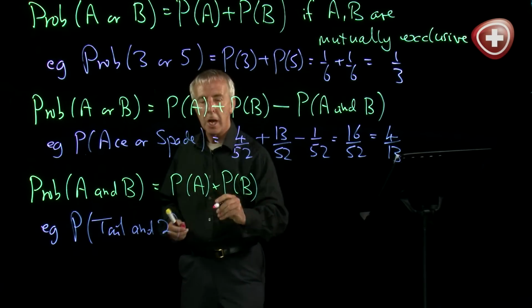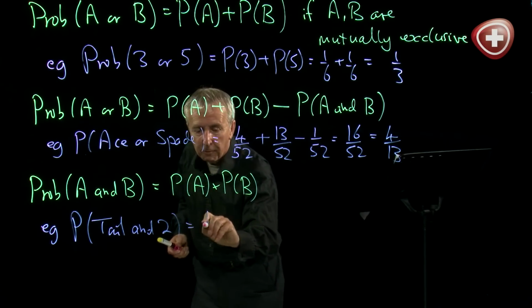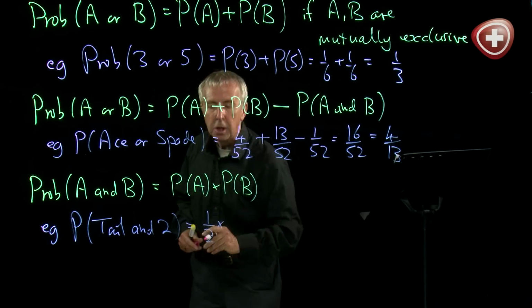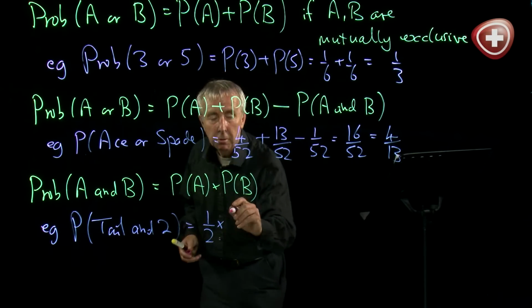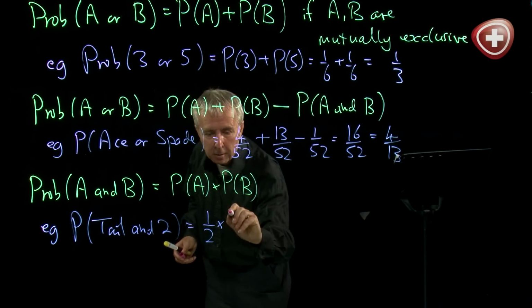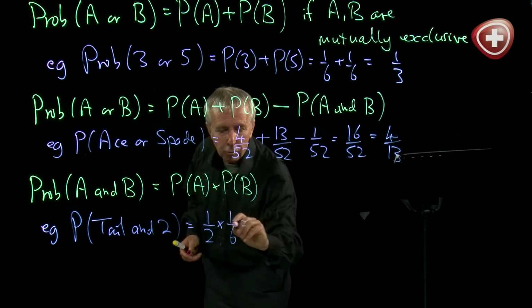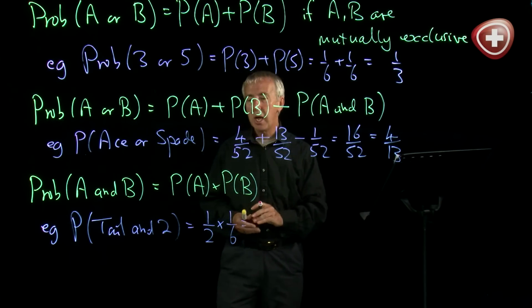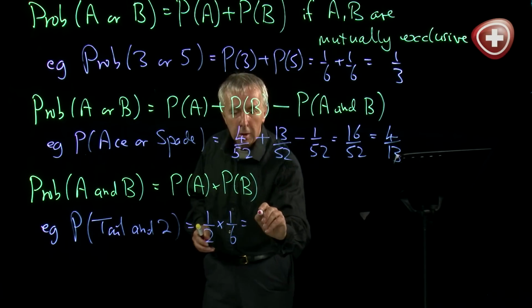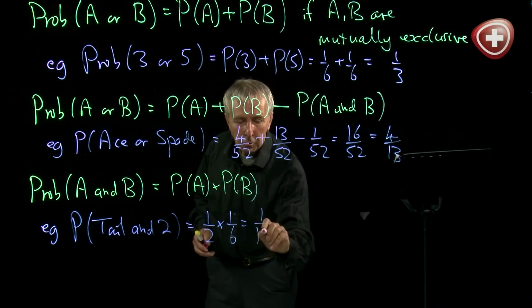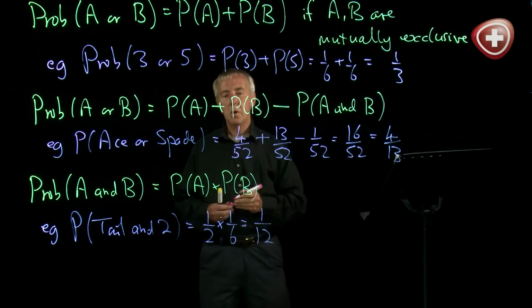Well, the chance of a tail is a half, and the chance of getting a 2 when I roll a dice is 1 out of 6, just like these probabilities up here. And so the chance overall of getting a tail and a 2, multiplying fractions, very easy, multiply the tops, multiply the bottoms, and we get a 12th.